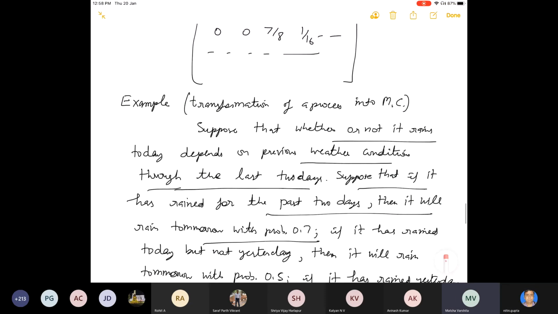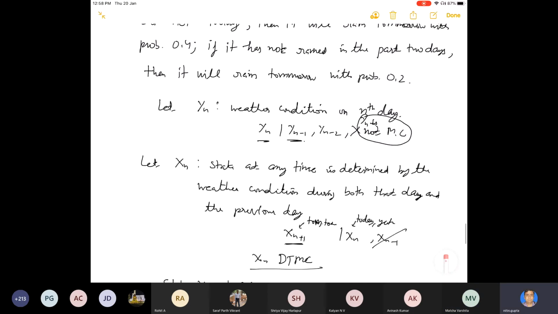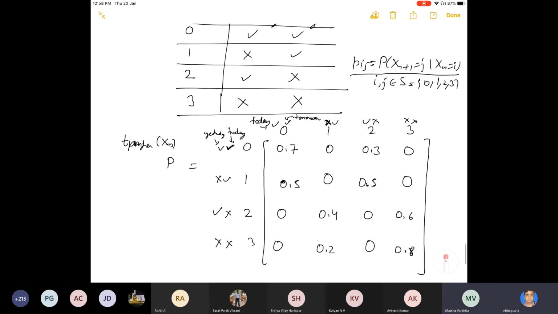Yes, sir. So here is the transformation of the Markov chain, the matrix part. For I, we are taking it to be rained yesterday and rain today, and for J, instead of yesterday we take today and instead of today we take tomorrow. That's it.